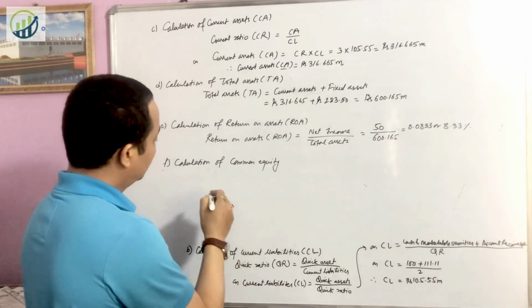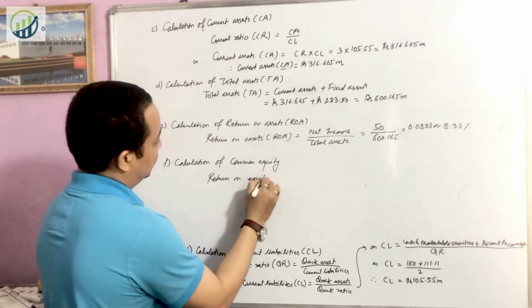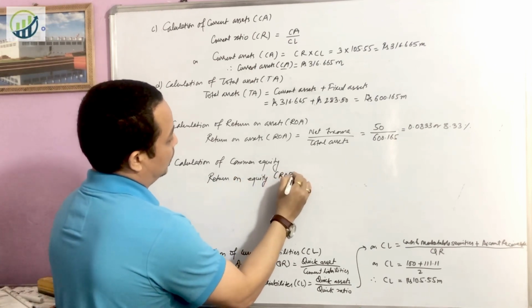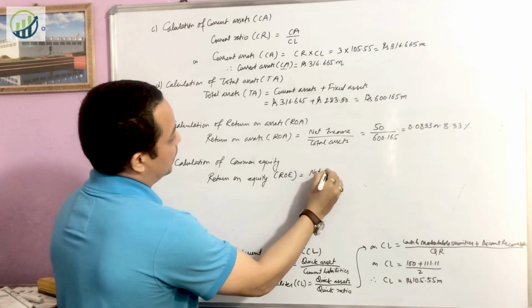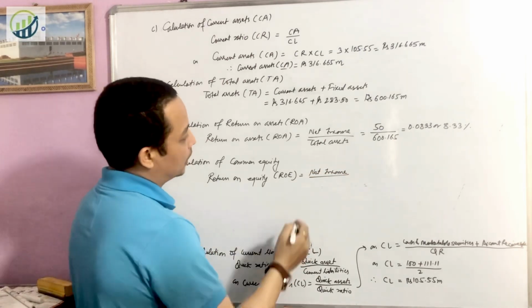Return on equity ROE equal to net income upon total equity, or you can write common equity.